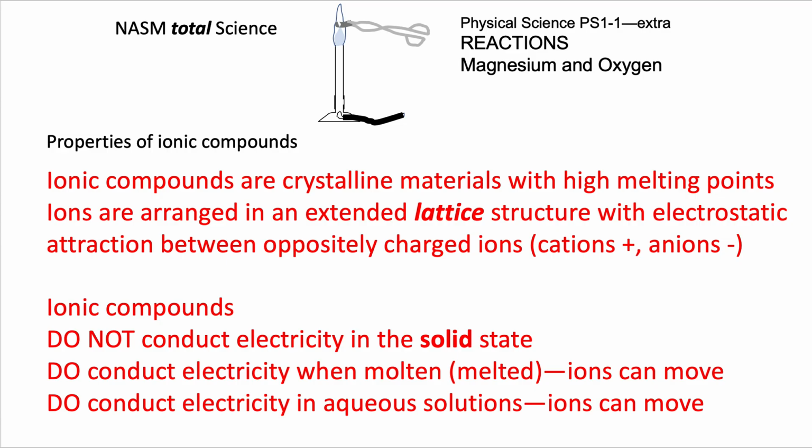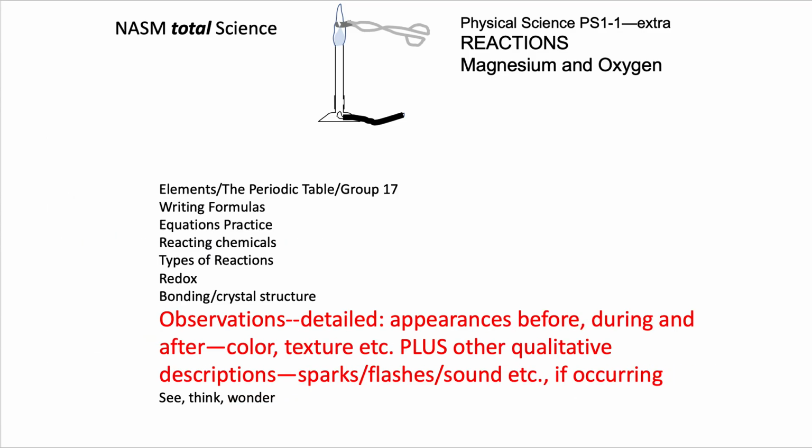If you melt the ionic compound, salt, over 800 degrees Celsius, the ions can move and it will conduct electricity. And if they're soluble, and a lot of ionic compounds are soluble in water, they do conduct electricity in solutions because the ions are able to move.